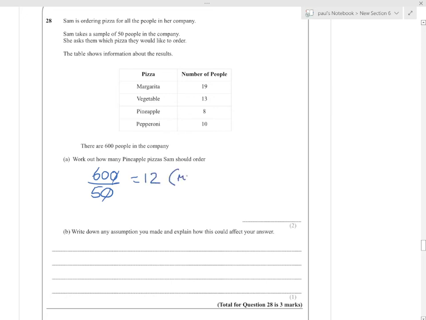So that's our multiplier. So we need 8 times as much pineapple, 8 times 12. 8 twos are 16. 8 ones are 8 plus that's 9. 96.